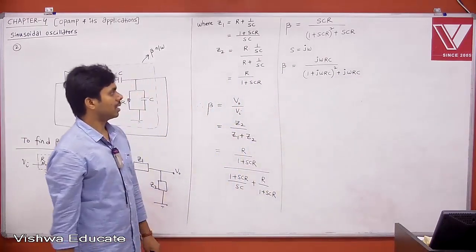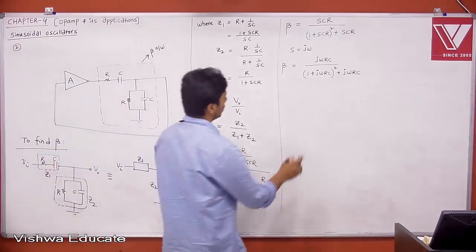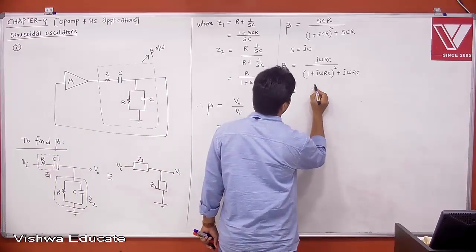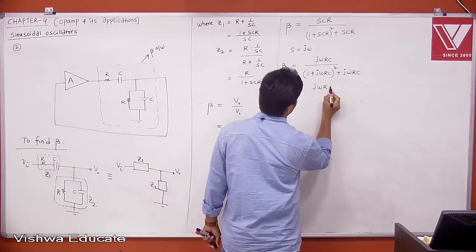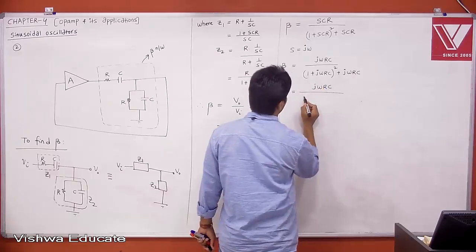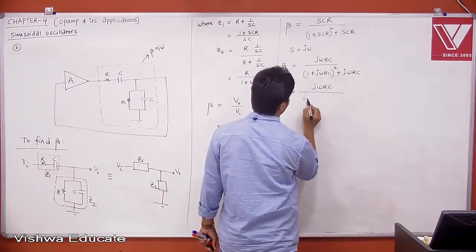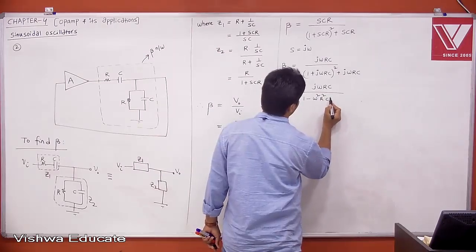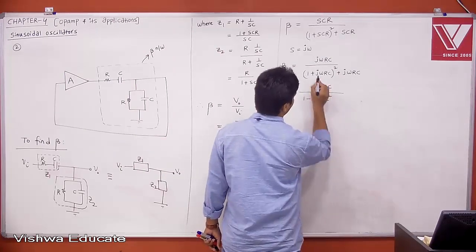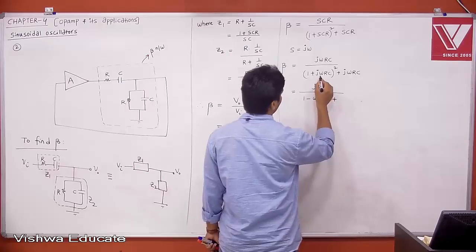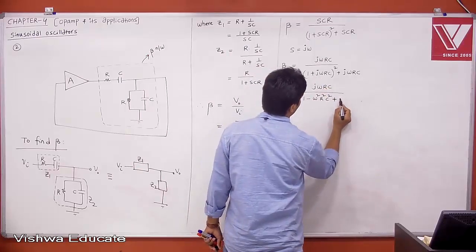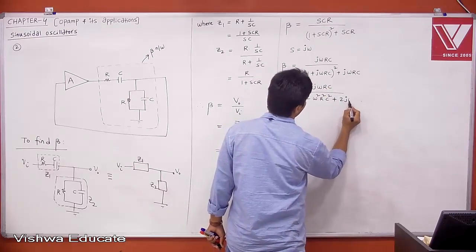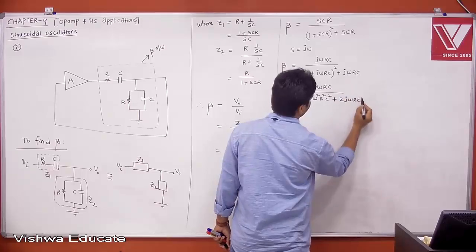Then (A plus B) whole square is A square plus B square plus 2AB. What is J square? Minus one. Therefore omega square R square C square, plus 2AB, and 2AB is nothing but 2J omega RC, plus J omega RC.